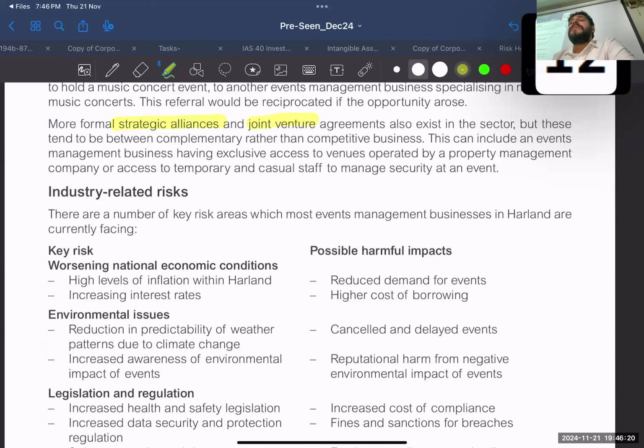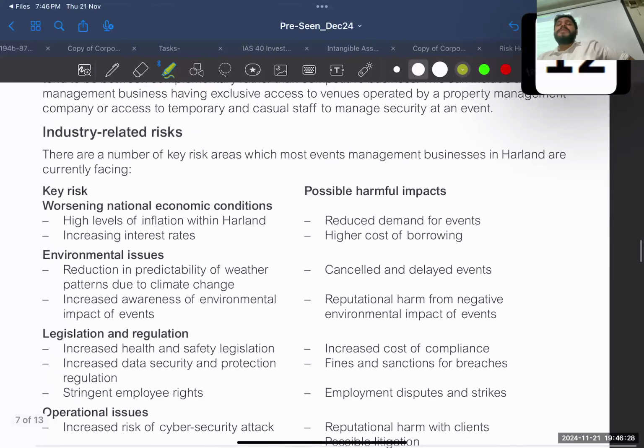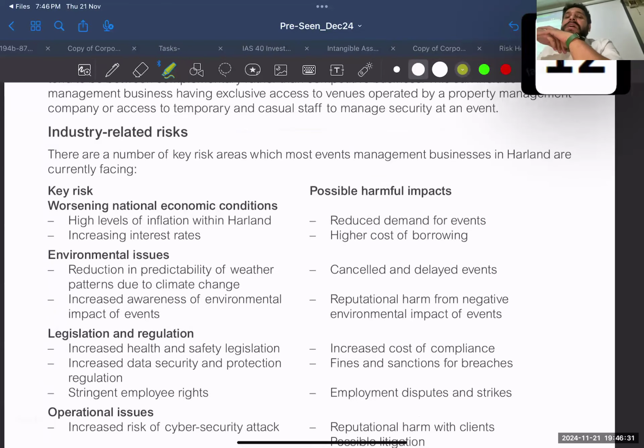Now, industry-related risk, very important, because they may ask you how to mitigate those risks. They may ask you what could be the possible impact of this specific risk. There are a number of key risk areas which most event management businesses in Harland are currently facing. Now, what are the risks?